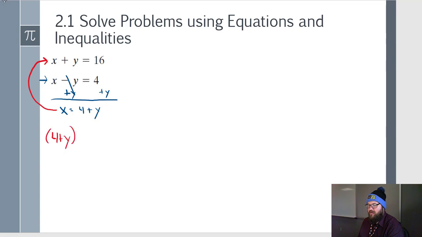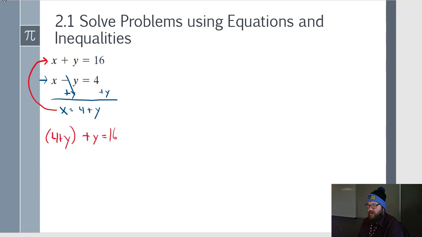I'll put parentheses just so you understand that's what's replacing x. And then I'm going to have plus y equals 16. So now we can solve for what y value we need. Well, I can't do anything with parentheses, so the parentheses are pointless in this case. There's nothing else we can do inside of them. So now let's combine like terms.